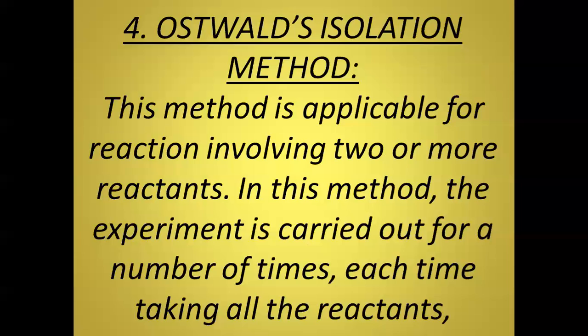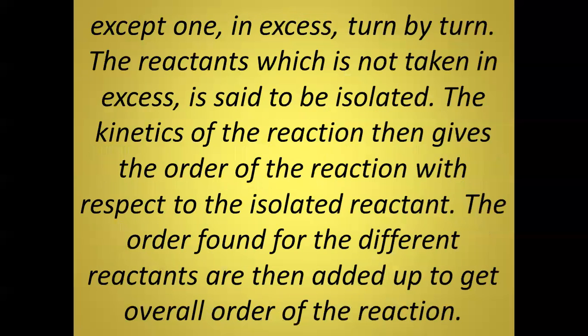And if we want to isolate C, then we have to take A and B in excess or in large quantity. And then after isolation, we will see the order of reaction with respect to A or with respect to B or with respect to C. Then we will add the order with respect to A, B, and C to get the order of reaction.